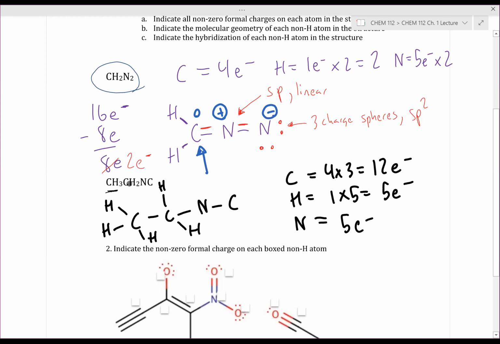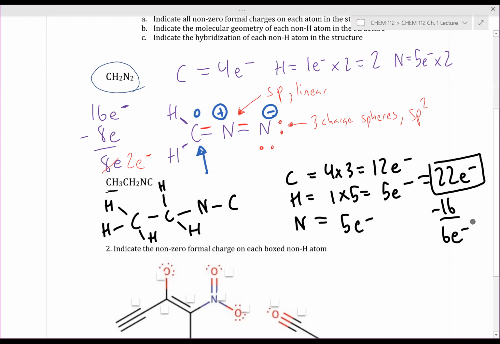Okay, perfect. So this gives us in total 22 electrons to generate a structure from. Looking at this current structure, we have 1, 2, 3, 4, 5, 6, 7, 8 bonds. So we've used up 16 electrons. So we have 6 electrons remaining.